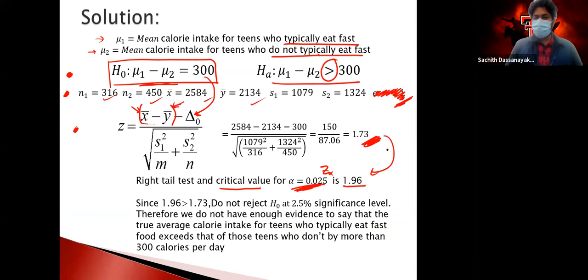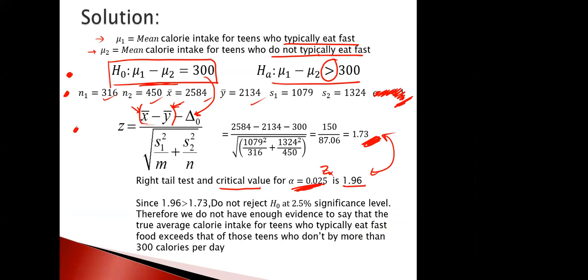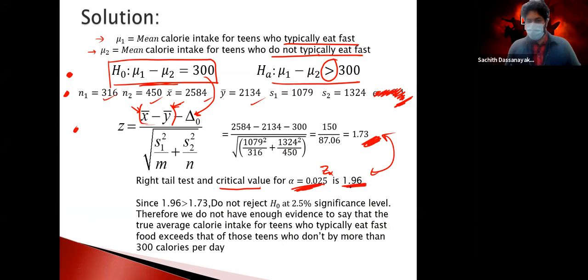Comparing these two, you can take your decision whether we reject or do not reject. This value right here, 1.96, is greater than this one. This is a greater than test, which means this.